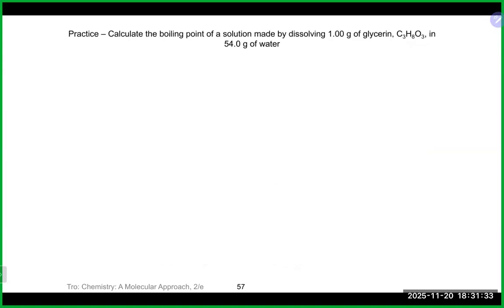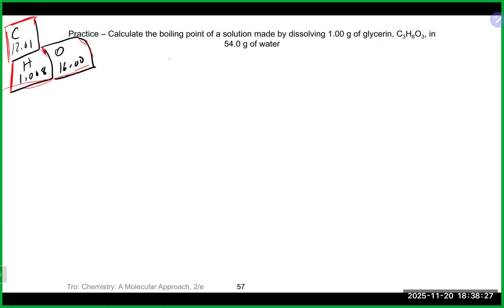Okay, let's see here. Why don't you do this one? Calculate the boiling point of a solution made by dissolving 1 gram of glycerin in 54 grams of water. For our boiling point, we're going to use our boiling point equation. Once again, we're dissolving our solute, which is non-ionic, in our solvent, which is water.